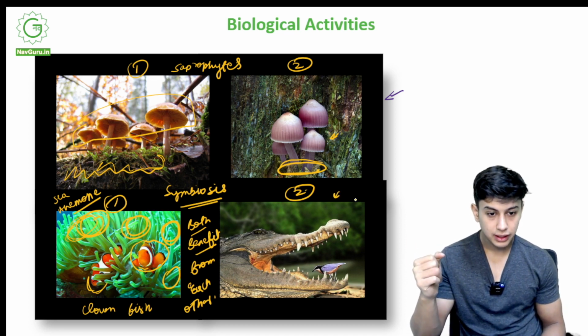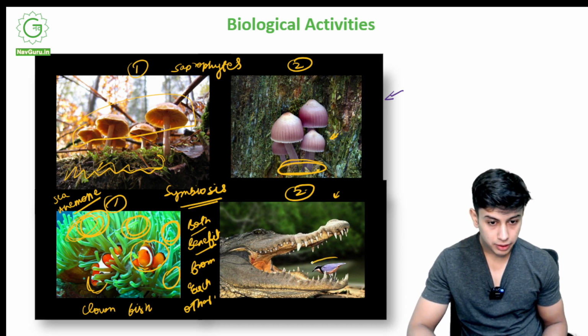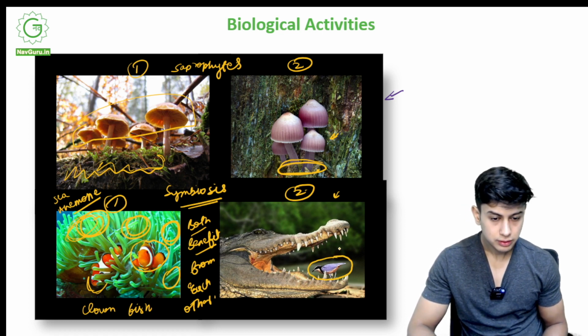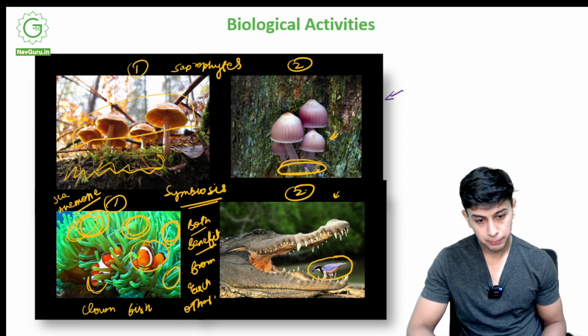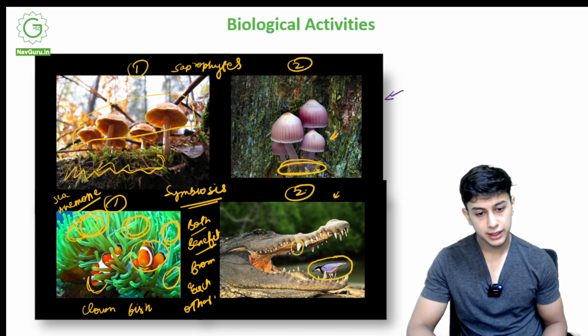Over here you see an alligator and a bird. Why is this alligator not eating the bird? The alligator opens its mouth, and this bird will come and eat all the tiny particles that are stuck in its teeth.